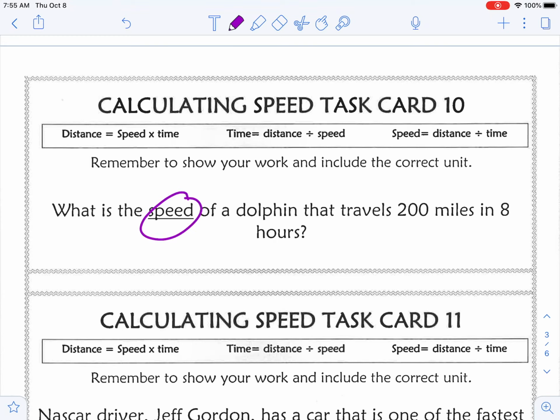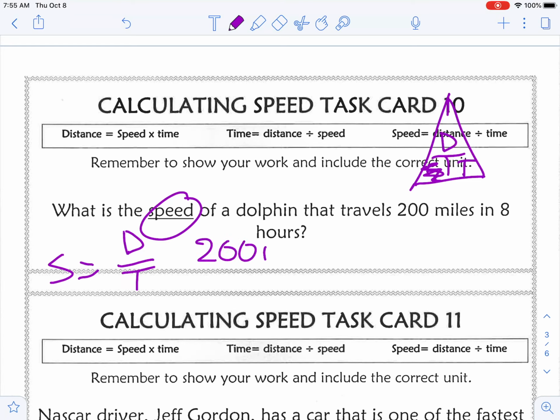What is the speed of a dolphin that travels 200 miles in 8 hours? Okay, so I'm going to draw my triangle. Distance, speed, time. I'm finding speed, so my formula is distance divided by time. What is the distance? 200 miles. What is the time? 8 hours.